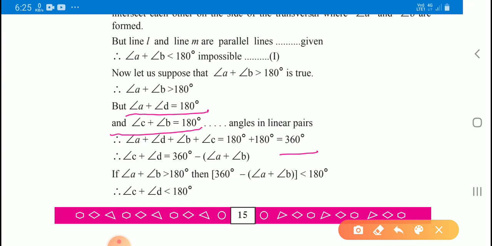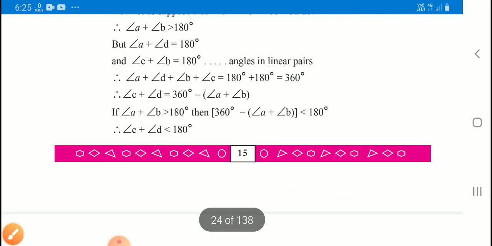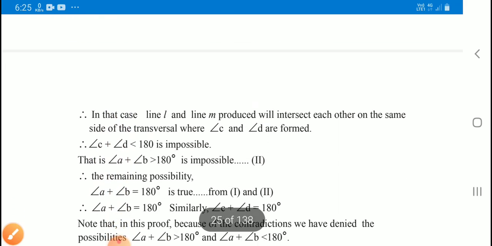So here if angle A plus angle B is greater than 180 degrees, then 360 degrees minus (angle A plus angle B) is less than 180 degrees. Means angle C plus angle D is less than 180 degrees. But we proved that it is not possible.